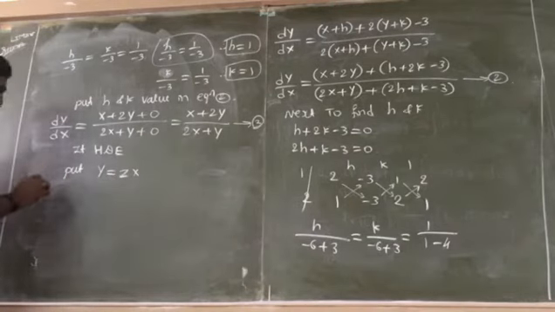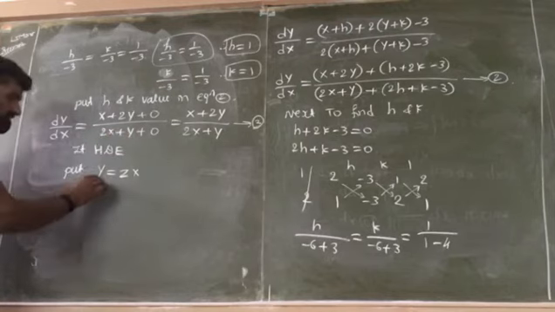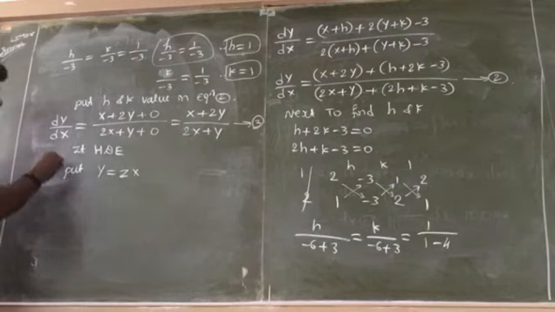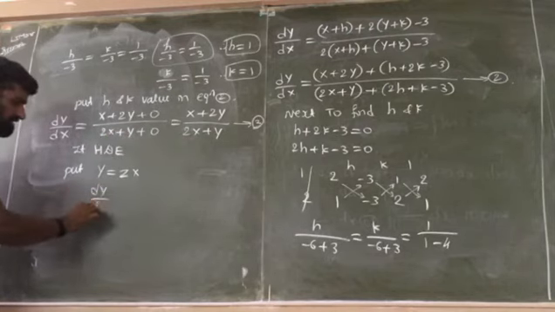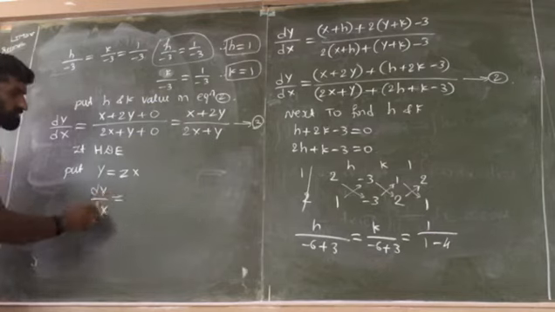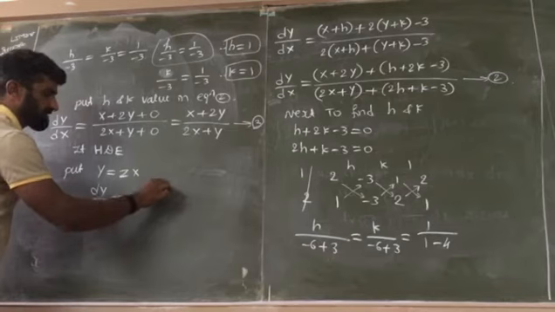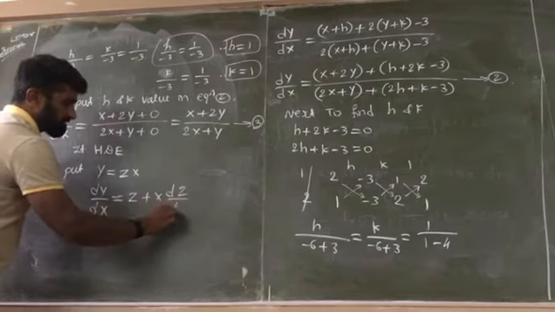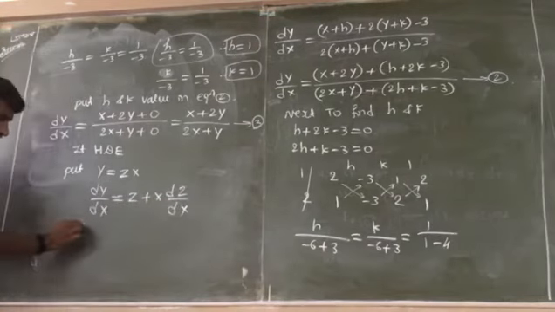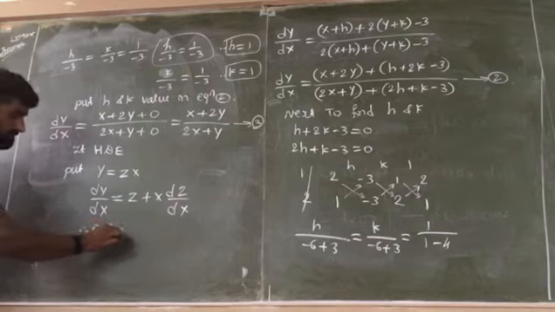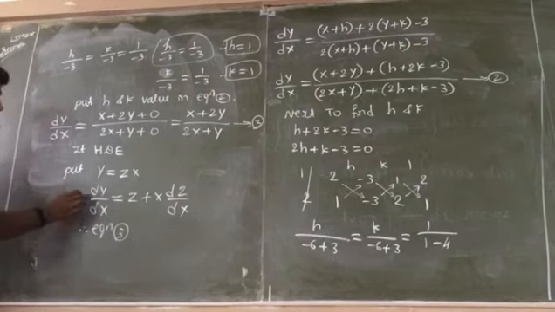Differentiating, since I want to divide by dx, we write capital dy by dx equals u into v form: z plus capital X into dz by dx. Therefore equation 3 becomes, substituting y and dy by dx values in equation 3, we get it.